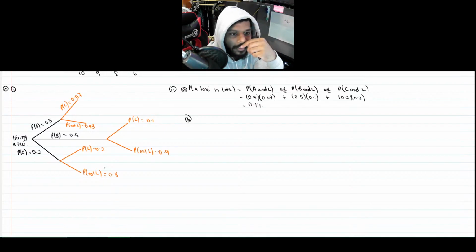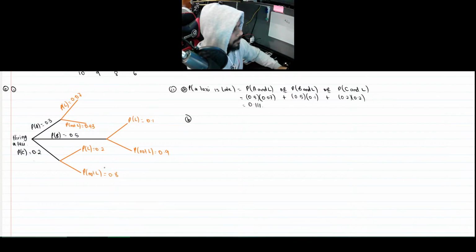So this is conditional probability. The probability that a taxi comes from C given that it is late will be the probability of C intersect L over the probability of L.